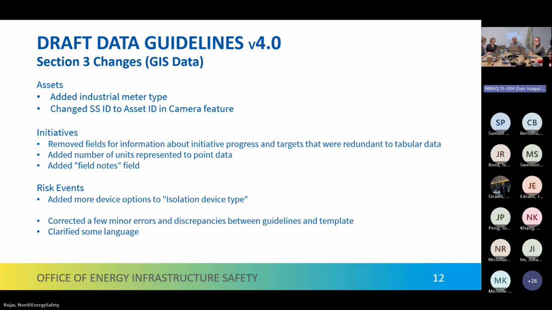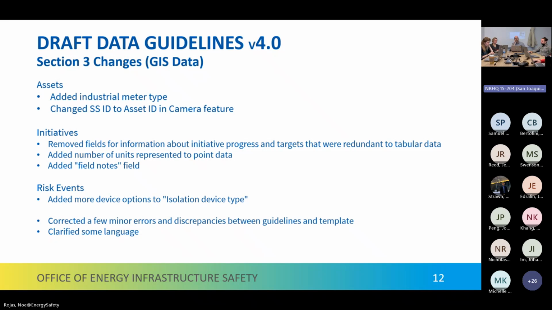We've unfortunately continued to have some discrepancies between what the guidelines state and what the fields in the geodatabase template have been, either on names or domain options or field types. So, ECs have been very helpful in pointing those out, and I appreciate that. I always appreciate that feedback. So we fixed that, and we've done some language clarification that doesn't actually affect any change. It just clarifies what our intent was originally, because we've had some questions.